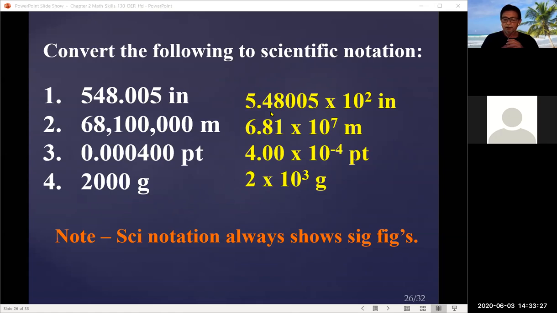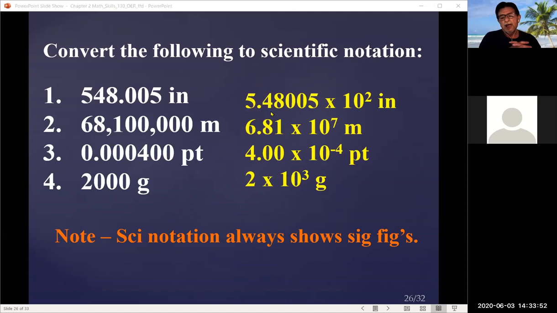Okay. But how many sig figs do we have? We have 3 sig figs. Remember, those zeros right after the 4 are significant. So it's 4.00 times 10 to the negative 4. Okay. And then 2000. 2000 only has 1 sig fig. So our answer is 2 times 10 to the 3rd grams.